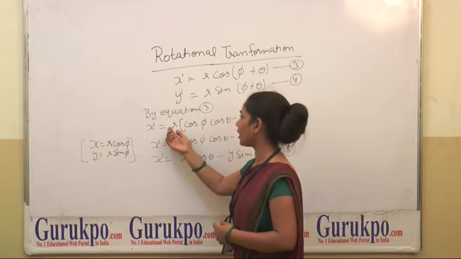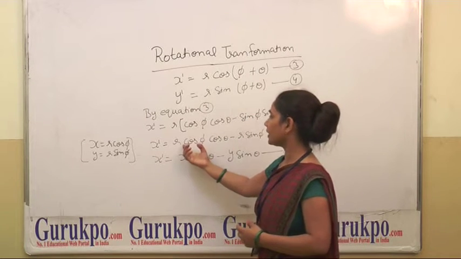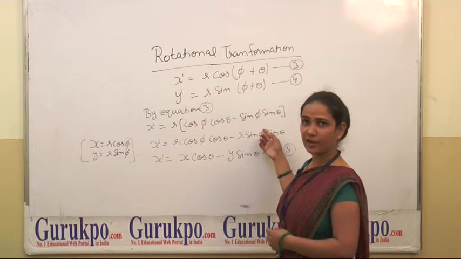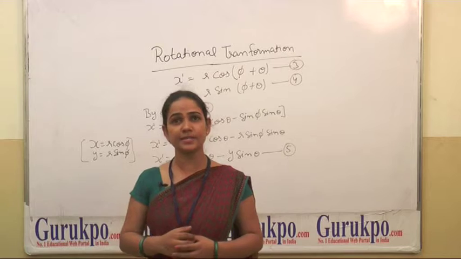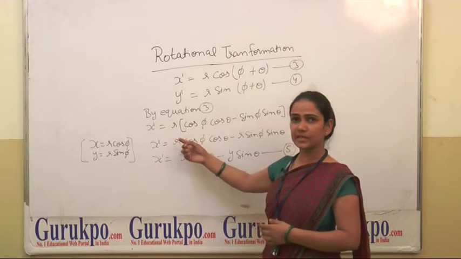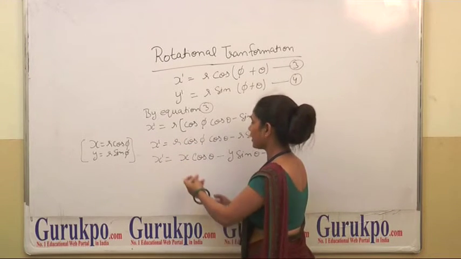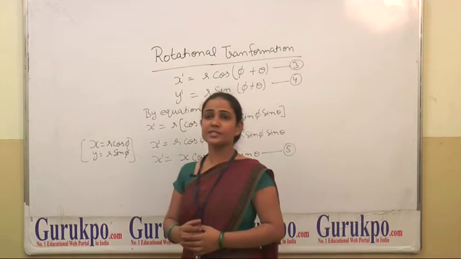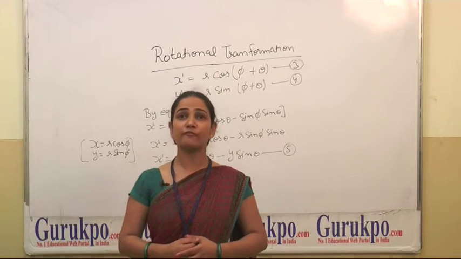When we multiply by R, we get R cos phi cos theta minus R sin phi sin theta. We have already found that X is equal to R cos phi, so we will substitute R cos phi as X and R sin phi by Y. This is the first equation of rotational transformation, for X.